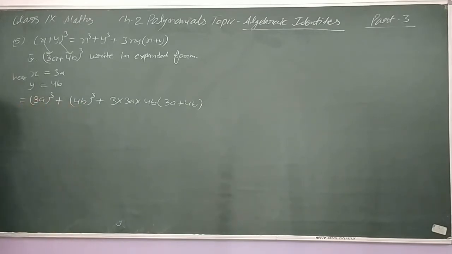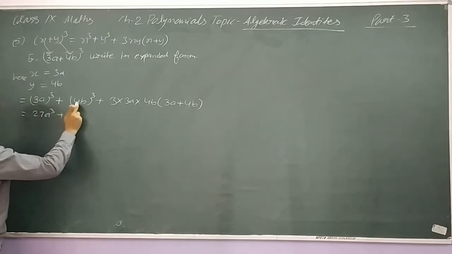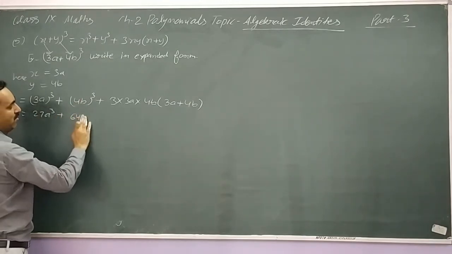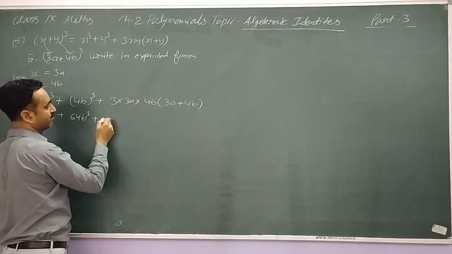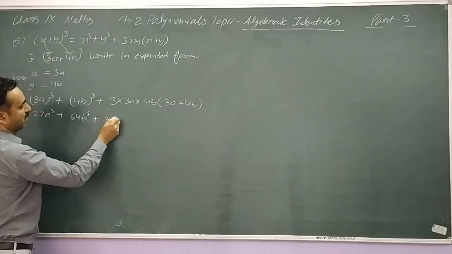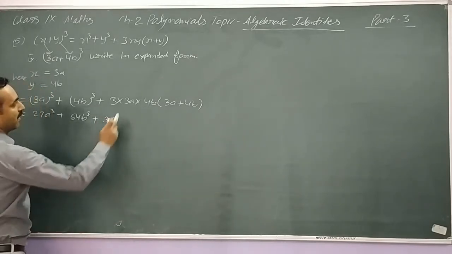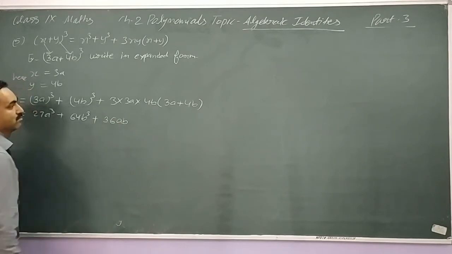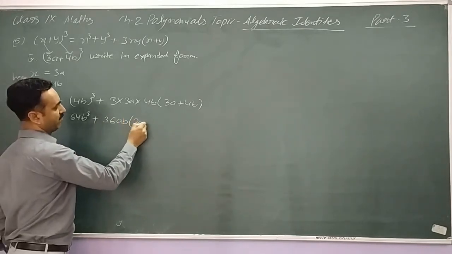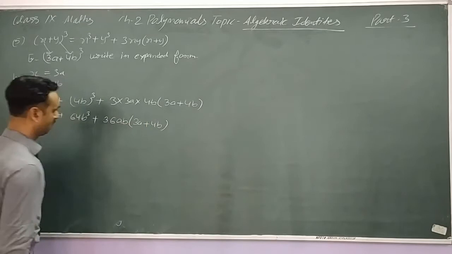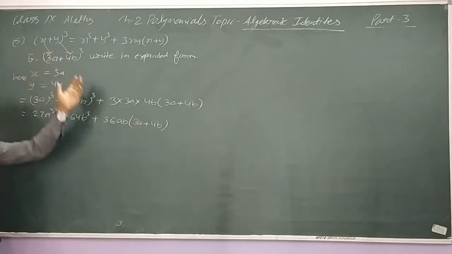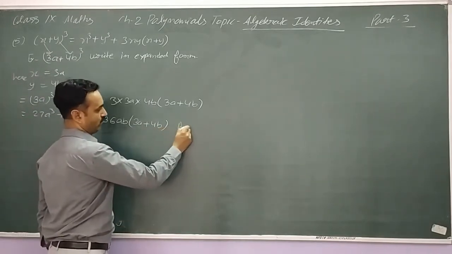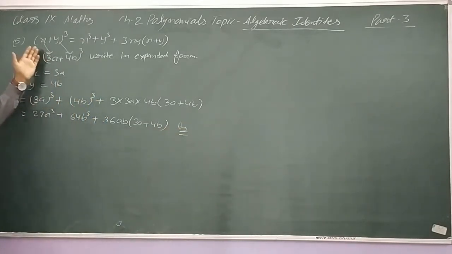Now we simplify. 3 cube is 27a³ plus 4 cube is 64b³ plus 3 times 3 is 9, 9 times 4 is 36, ab, and bracket (3a + 4b). So this is the expanded form of the given expression. So this was the fifth identity.